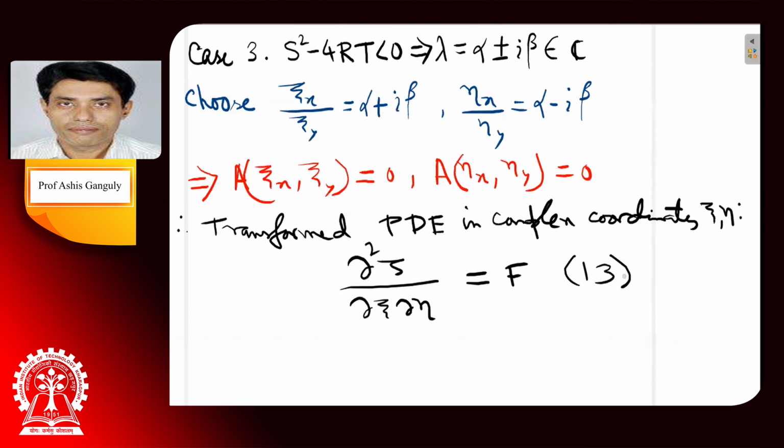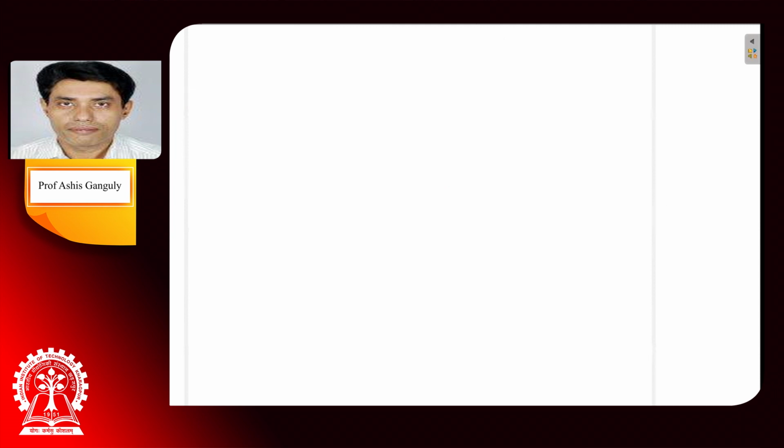So we need a second transformation here from xi eta to alpha beta, where alpha beta will be real. Now this transformation is very, very easy to guess. I think some of you already guess. So we need here second transformations to get back to real coordinates, alpha beta.